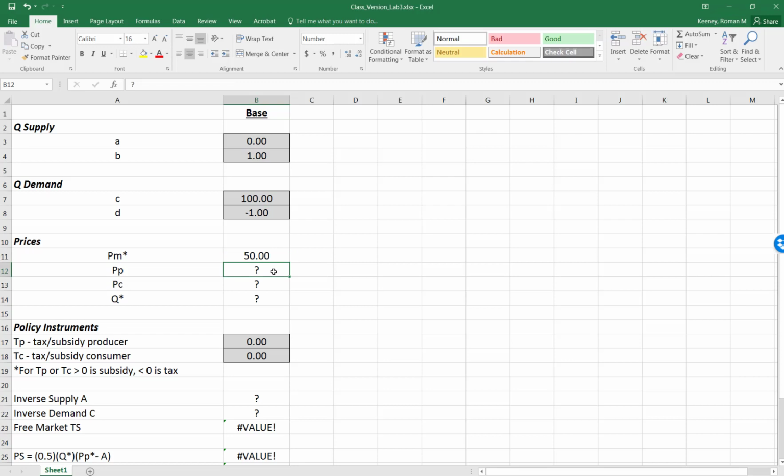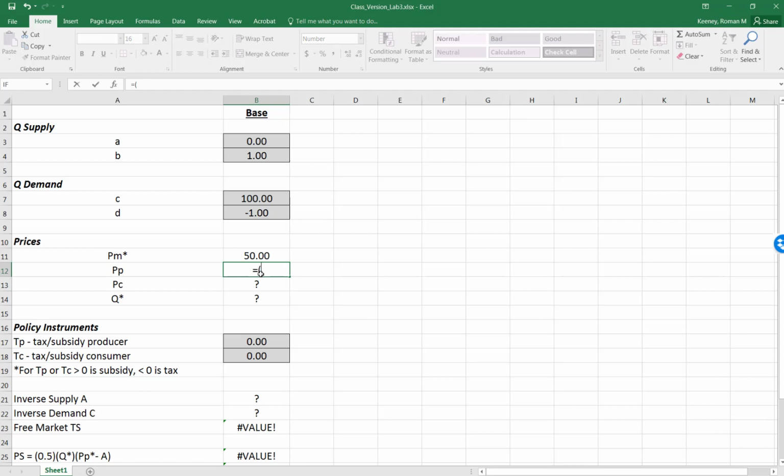What you do have to introduce here are the producer price and consumer price equations, and then we need to come up with a value for Q star. Okay, so for the producer price equation, we need to get rid of that question mark, and we'll type equals.